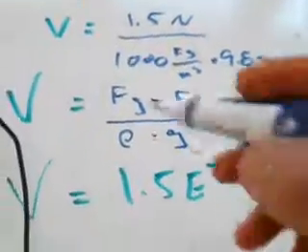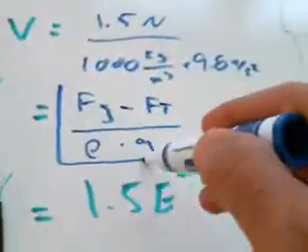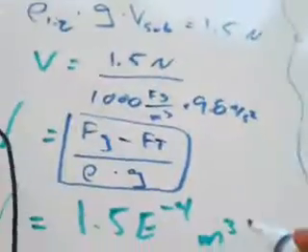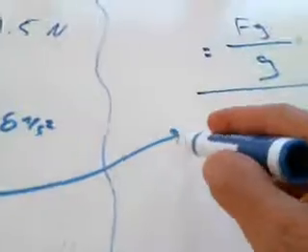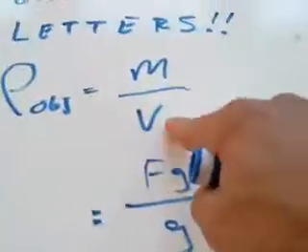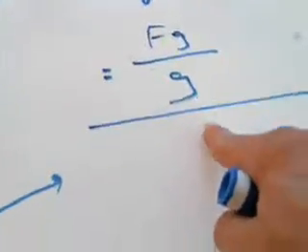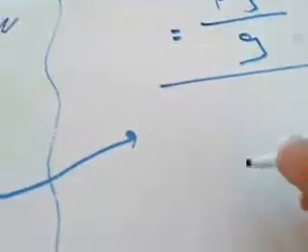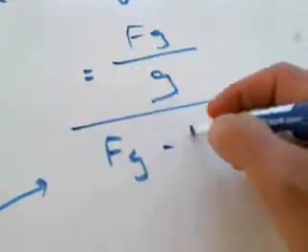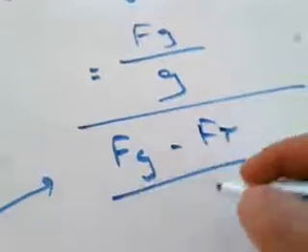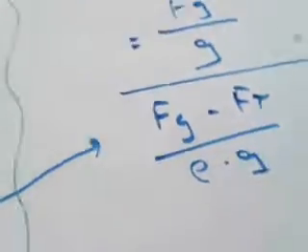And what I'm going to do is put that term over here where this volume is in the denominator. So I'm going to have a complex fraction: Fg minus Ft over rho times g.